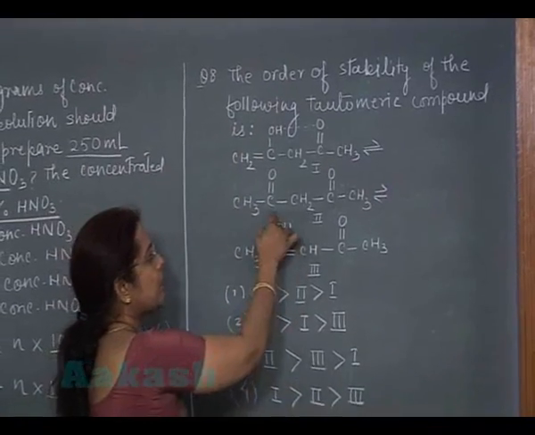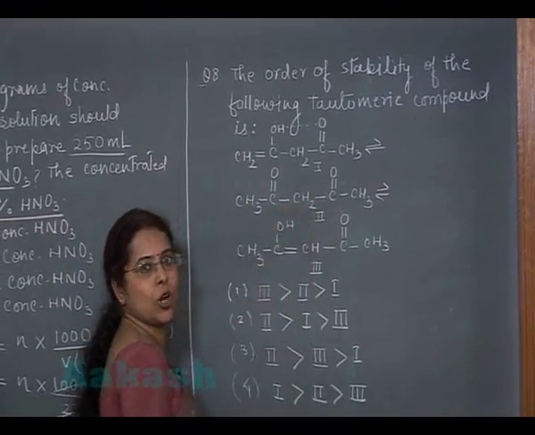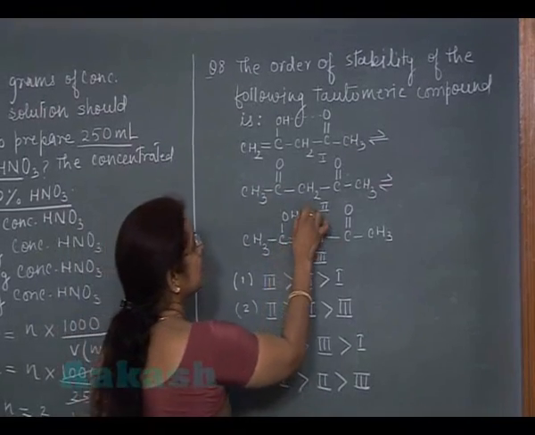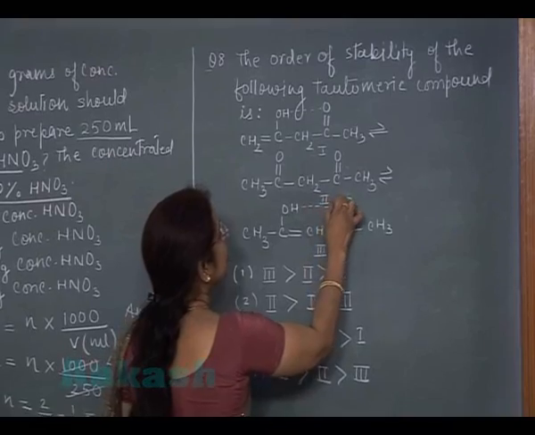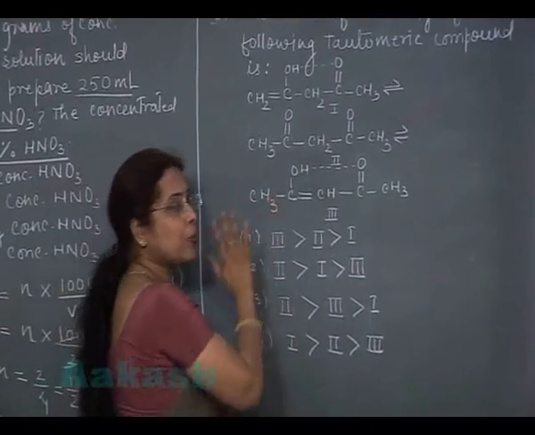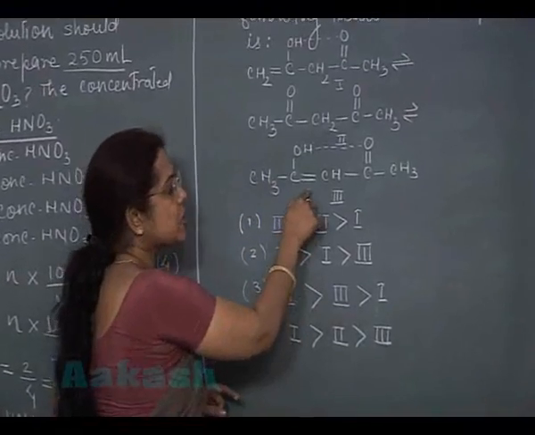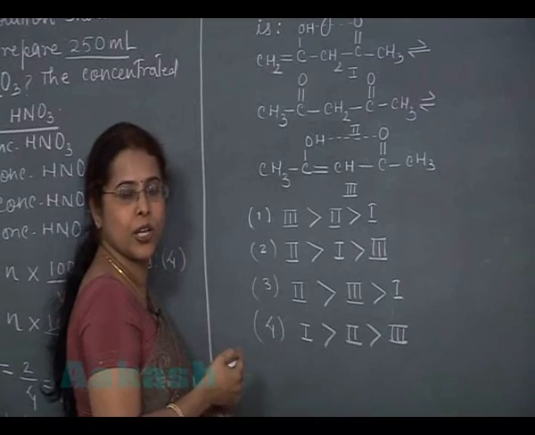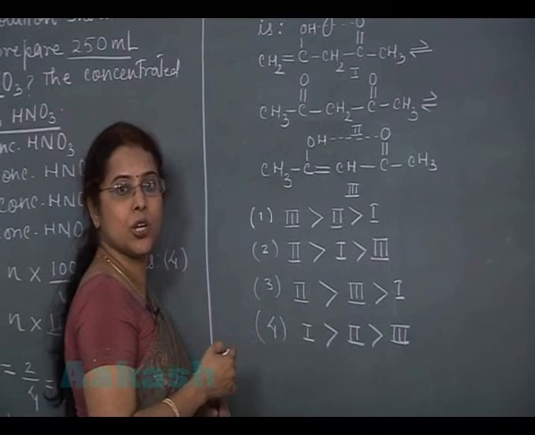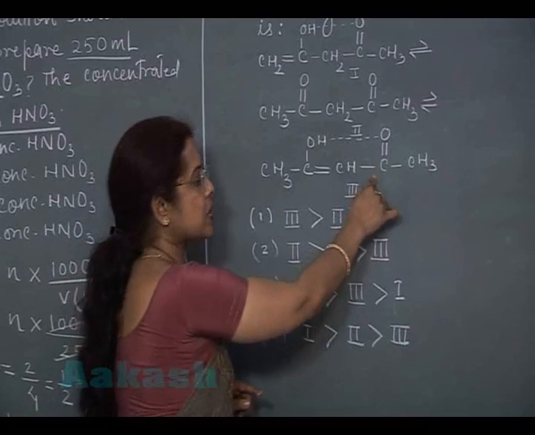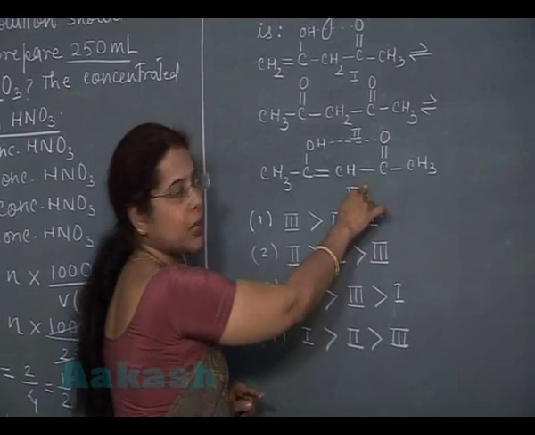But in second compound, there is no possibility of intramolecular hydrogen bonding. While in third structure, there is possibility of intramolecular hydrogen bonding. So what should be the order? In structure 3, there is intramolecular hydrogen bonding which stabilizes the enol content. So maximum enol content will be present in the third structure.